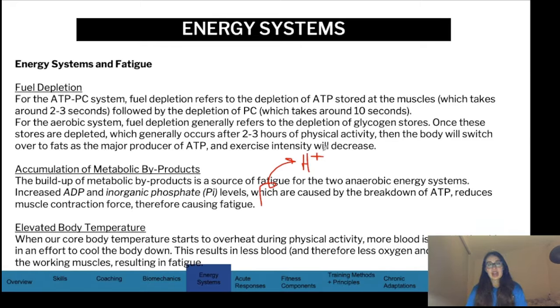When you start exercising, your body's like, okay, you know what? Digesting this sandwich right now is not essential. We're going to be hunted by something right now, and it's really important that we redirect the blood flow to our working muscles so we can run fast and get away from this lion or whatever. So at that moment, your body's like, it's not necessary to digest this sandwich right now. We've got more important matters right now, okay? And so it redirects the blood flow to your leg muscles, your arm muscles, or wherever.